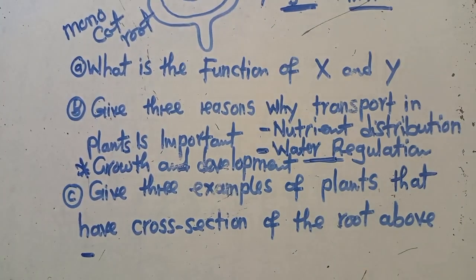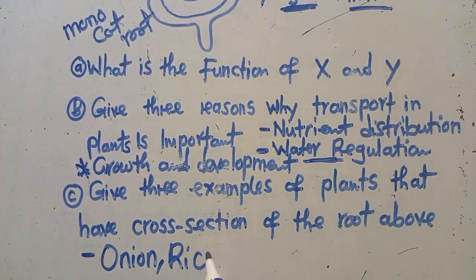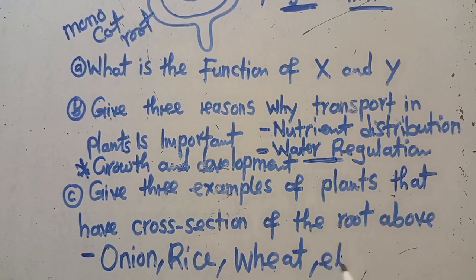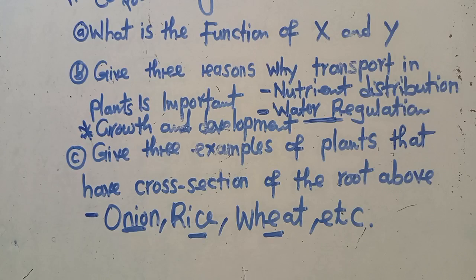We can say onion is an example, rice is also an example, and wheat is also an example. They just want you to give 3, so we've got these 3. These will help you. This is where we are going to end.